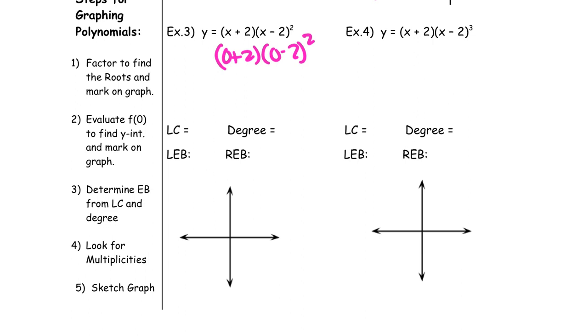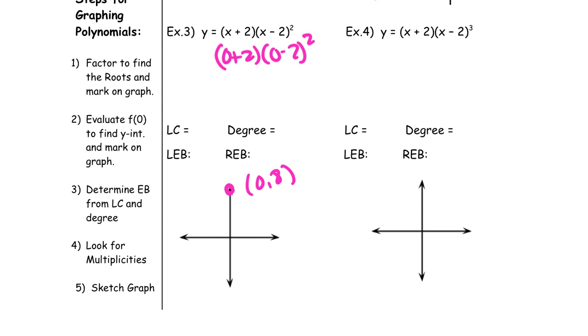Do the math and quit guessing. That's straight up guessing. What's -2 squared? 4. Times 2. 8. So I got a y-intercept of 8. I'm just going to plot it right there.